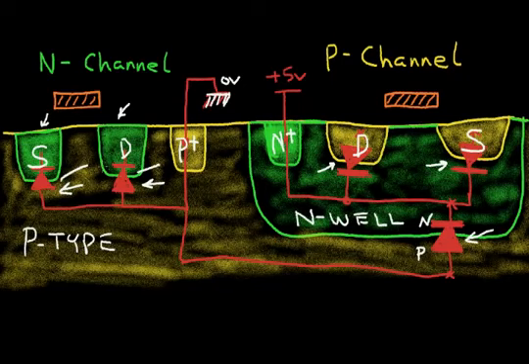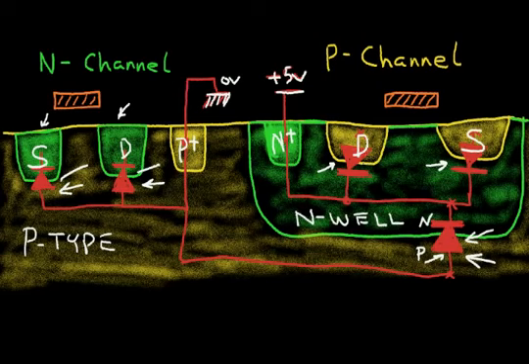Now in the P channel, we'll usually set the well at a high voltage. Here we've set it for plus 5 volts. So the N well to the P-type substrate diode, this diode here, is reverse biased by 5 volts. So this diode will never become forward biased.